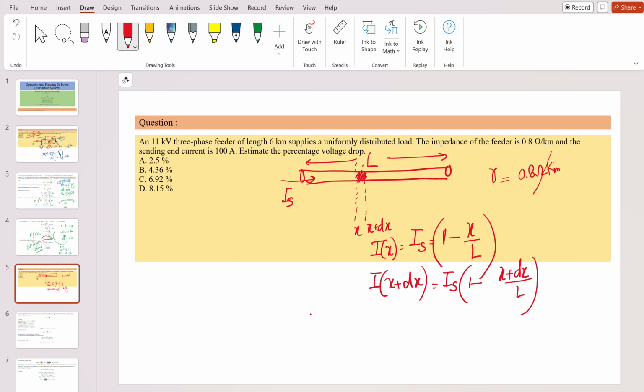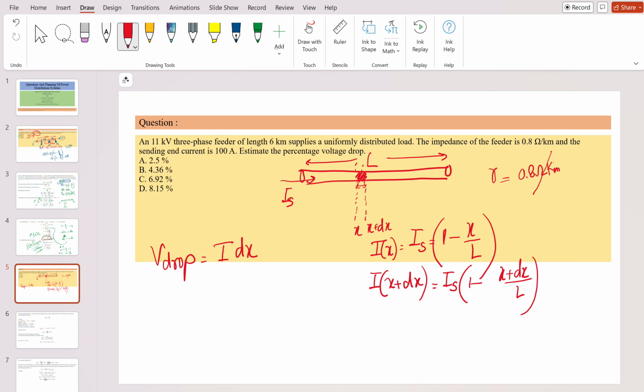The voltage drop is the current multiplied by the dx distance.